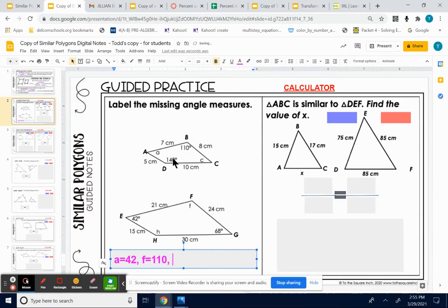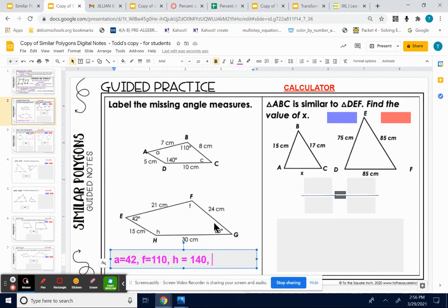140 and H. See, those angles are in the same place, so they have to be equal to each other. So angle H has to be 140. And over here at the end, we have angle C, and we have this 68-degree angle.